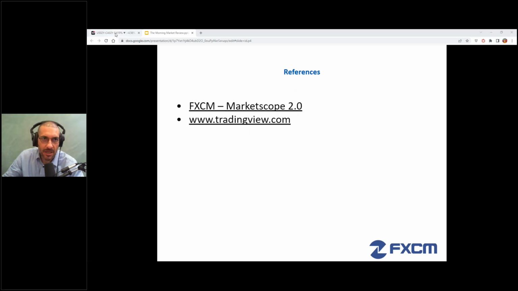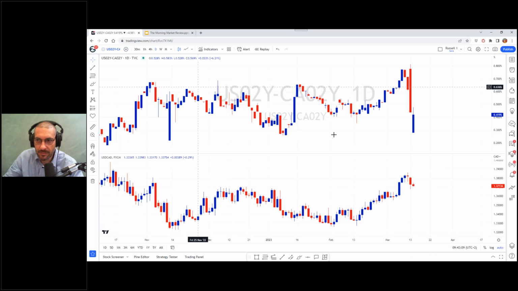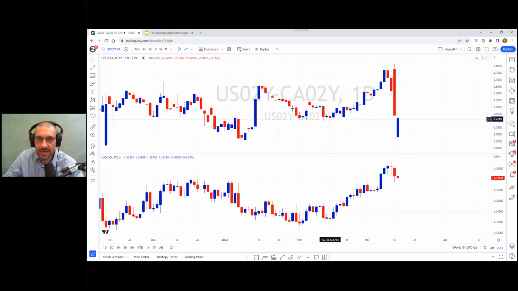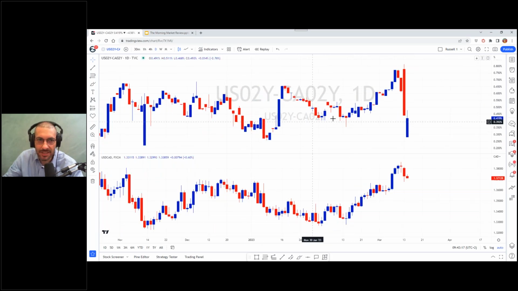I want to revisit the US dollar Canadian because this is something that we spoke about last week, and it's changed. What we did last week is we actually looked at a potential uptrend in the US dollar 2-year and the Canadian 2-year notes. You can see that's collapsed. So what we're trying to do is we're trying to marry the relative strength with the relative weakness and then see if we can potentially use that to our advantage.